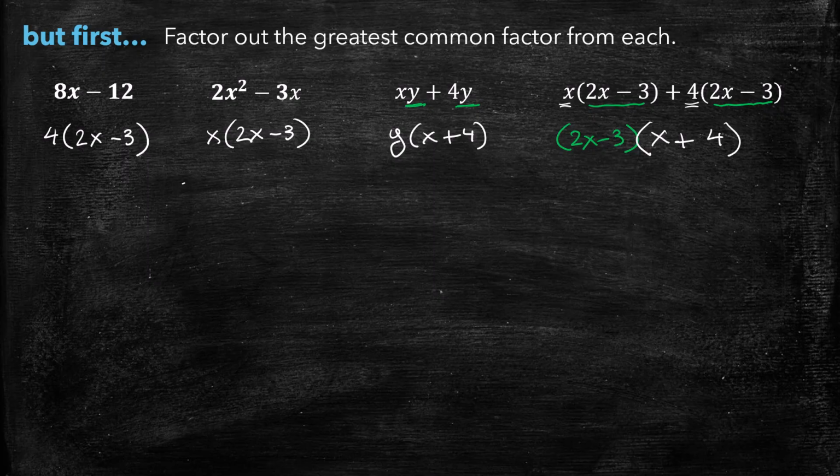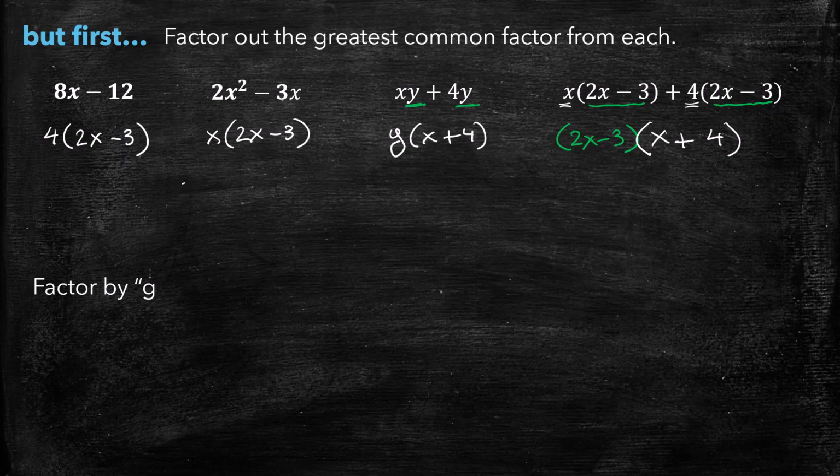So if you think of factoring out 2x minus 3 as a single entity, you're left with x plus 4. Does that work? You could check: if you take 2x minus 3 and distribute to the x, you get this expression, and you take 2x minus 3 and distribute it to the 4, and you get this.